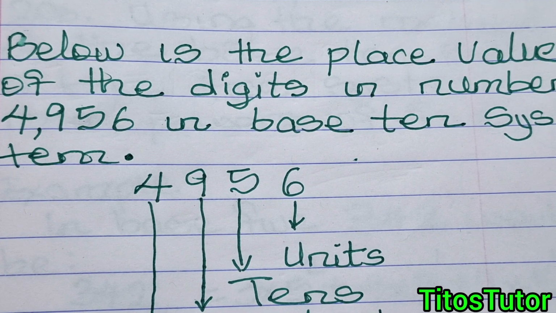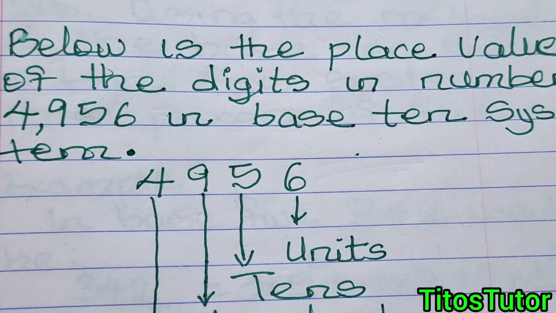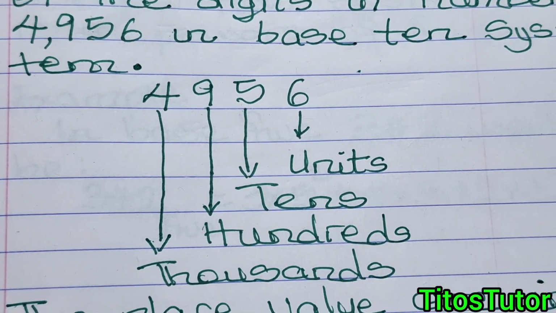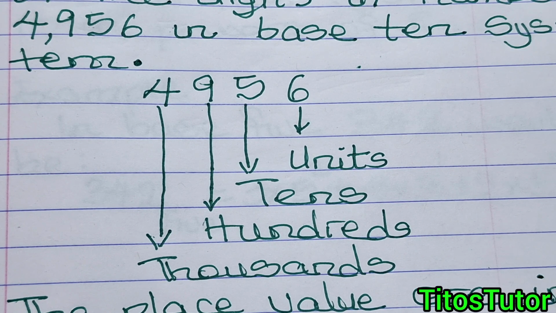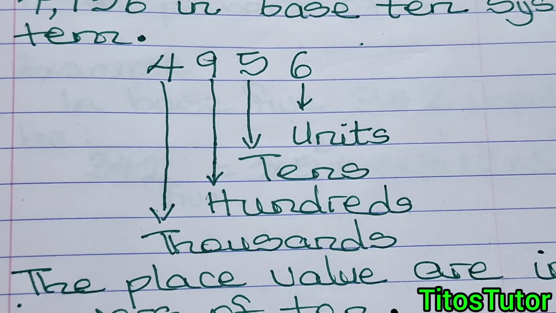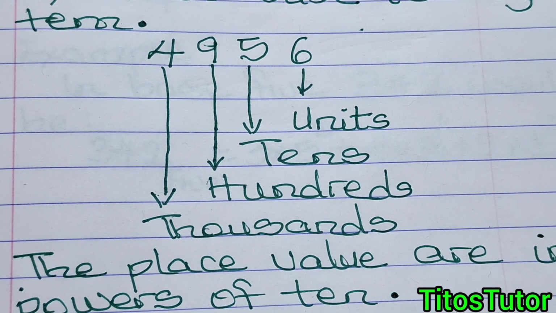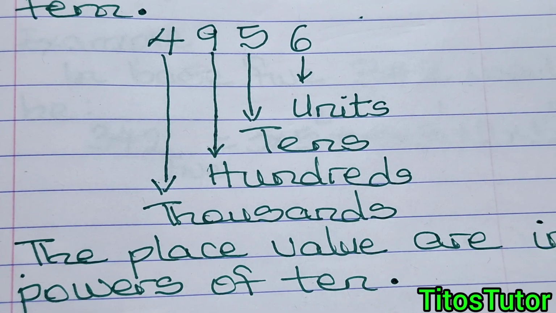When we want to write the place value of this number, see what we do. The unit is the last digit on your right, and 6 is in the place value of units. 5 tens, 9 hundreds, and 4,000. The place value of each digit is normally in the powers of 10.